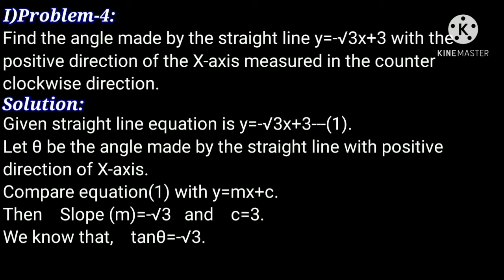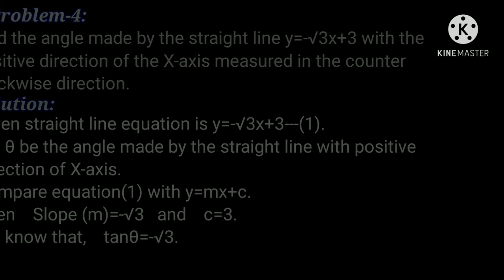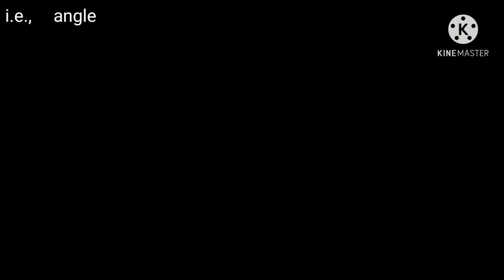Given that the angle theta is in the positive direction of the x-axis measured in counterclockwise direction, the angle is in the second quadrant. That means theta belongs to Q2. And as the angle is in second quadrant, the angle is in the form 90 plus theta or 180 minus theta form. That is, angle theta equal to tan inverse minus root 3.